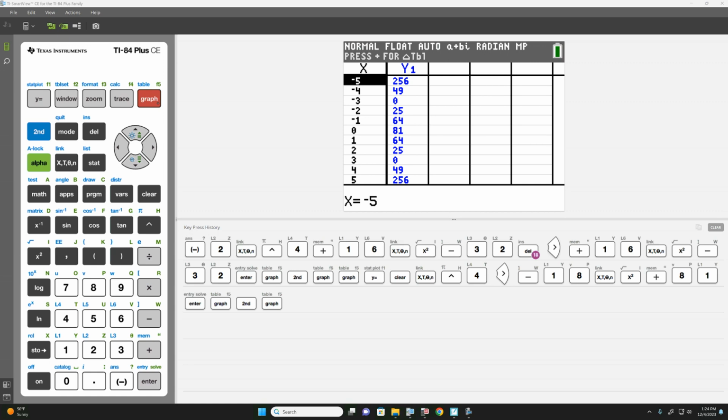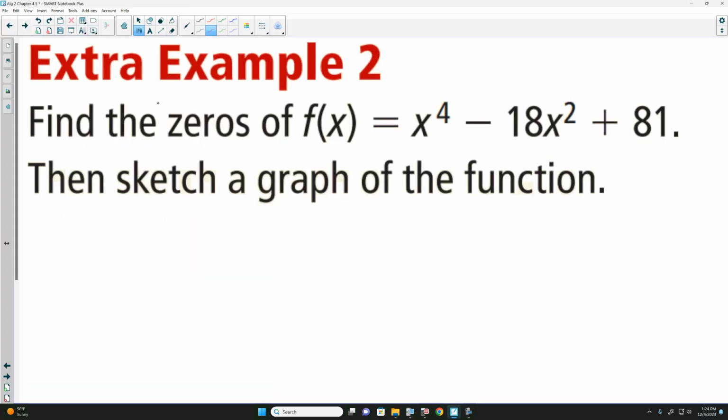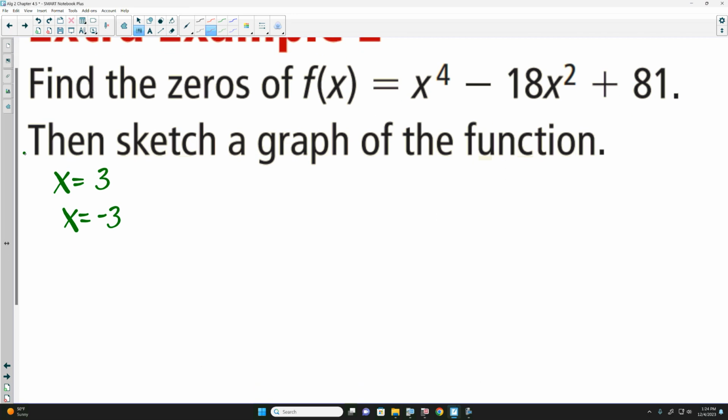When x is negative 3, the y value is 0. When x is 3, the y value is 0. We do know x is equal to 3 and x is equal to negative 3, but we could have a repeated 0 at those spots. And most likely we will.